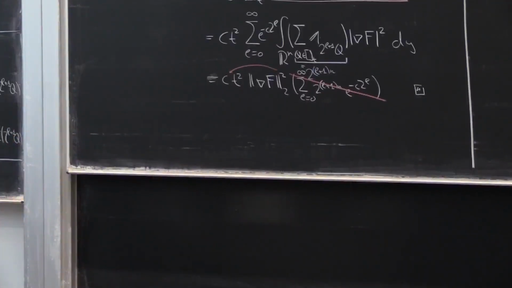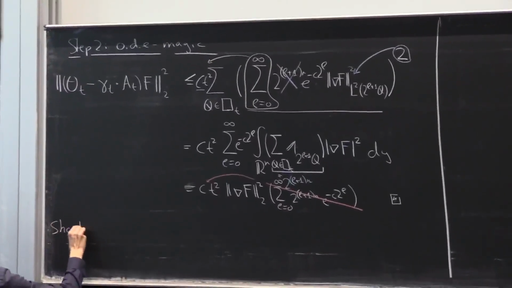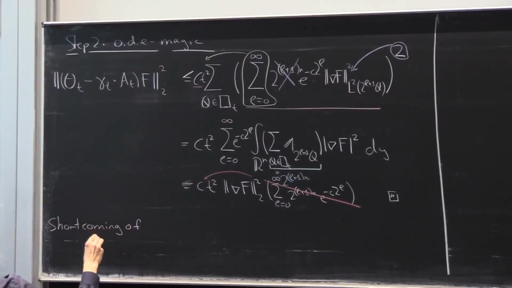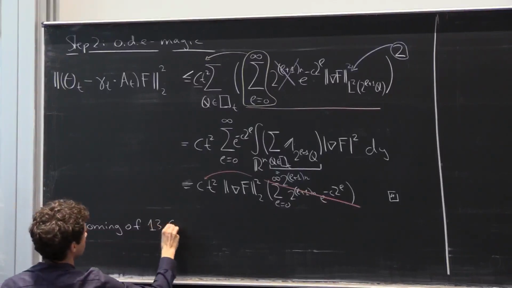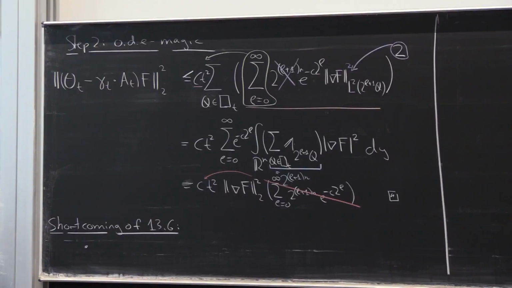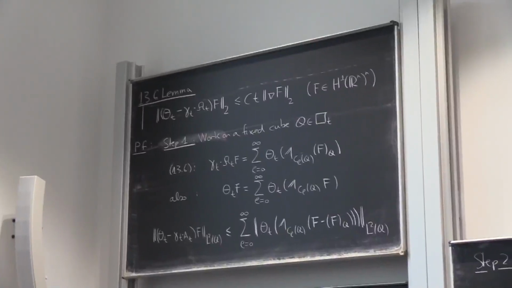Okay, so that's a result. Now for me there are two shortcomings of 13.6. Remember that the quantity that appears in 13.6 top blackboard is going to appear in a square function estimate.